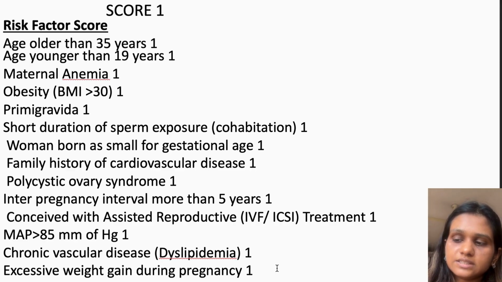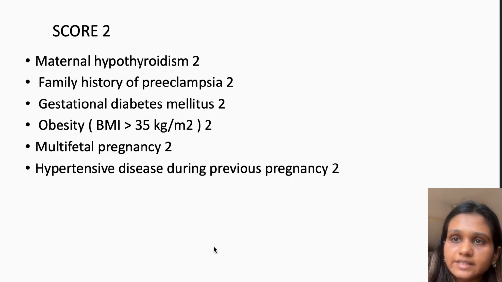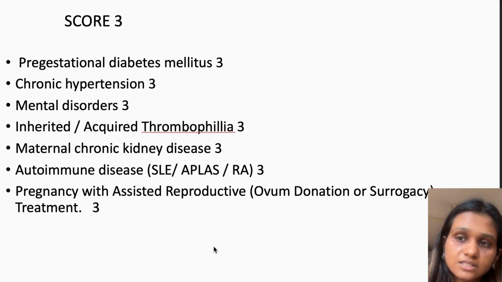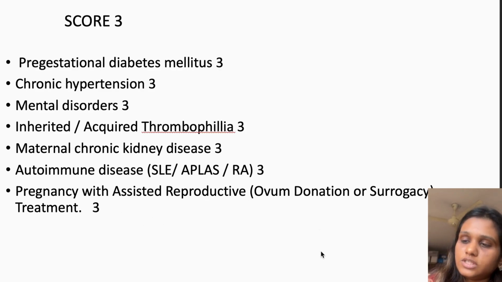You can get this list here. Then there is a list of factors assigned a score of 2, and then the factors assigned a score of 3. You can see that pregnancy with assisted reproduction, that is ovum donation or surrogacy treatment, has been assigned a score of 3.